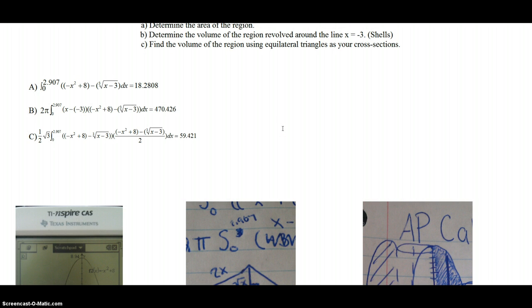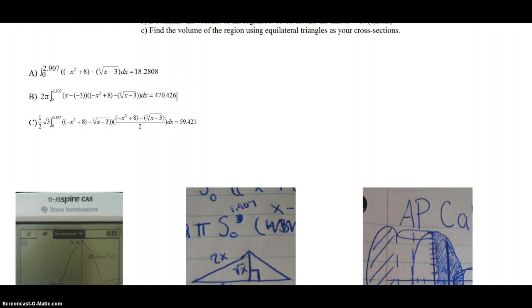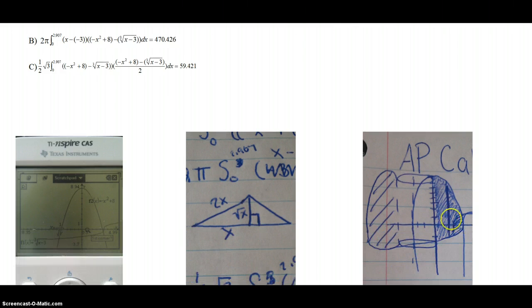And then the first part of it will be the radius, and the radius is from x, which is like a random spot in the region, to the axis of revolution. And since the axis of revolution here is negative 3, you take x and you subtract negative 3 from it. And then you multiply that by the height, which is this spot right here minus this spot down here.